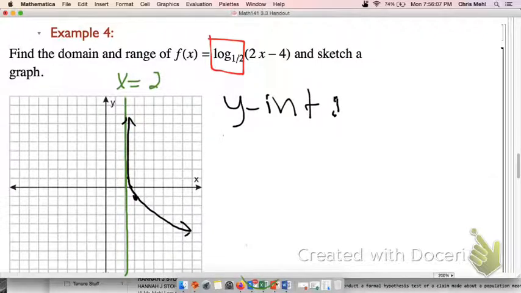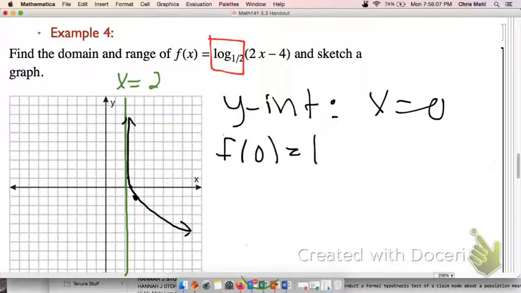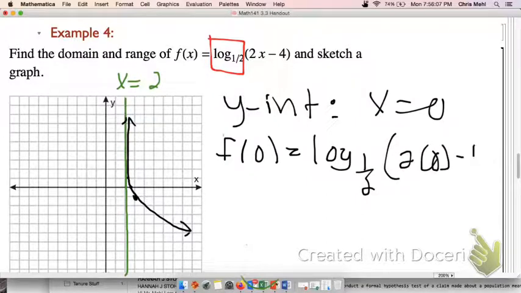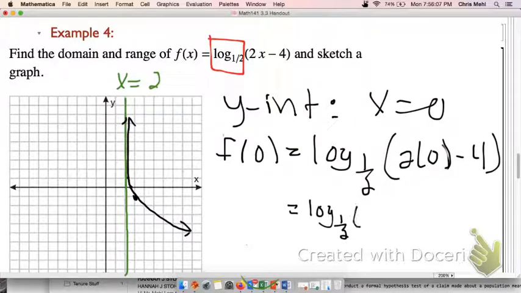A y-intercept occurs when x is equal to 0. So what happens when you do f of 0? This is log base 1/2 of 2 times 0 minus 4, which is equal to log base 1/2 of negative 4, which does not exist because the domain of a logarithm is 0 to infinity.